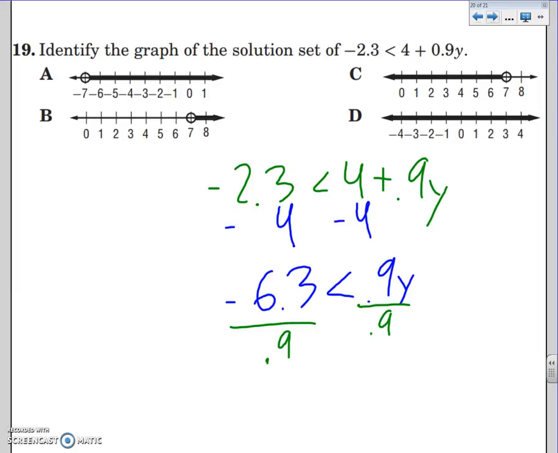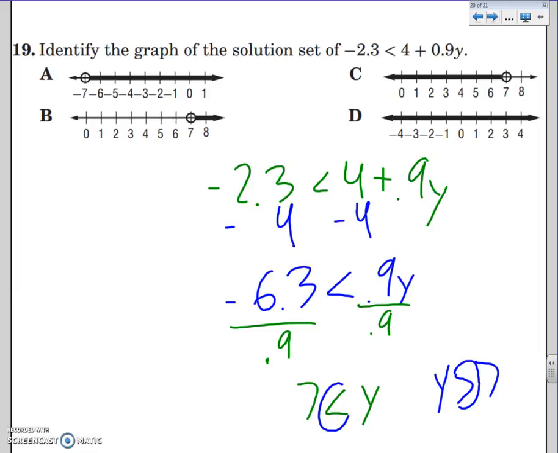Alright, let's see. 6.3 divided by 0.9 gives me 7. Alright, good. So 7 is smaller than y. Or, let's flip that, we'll put y first. So that's the same thing as y is bigger than 7. Remember, because Pac-Man eats a bigger thing, y is bigger. So y is greater than.